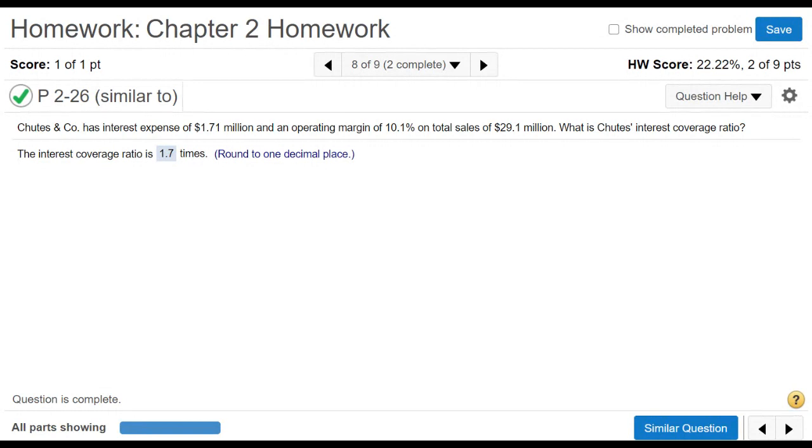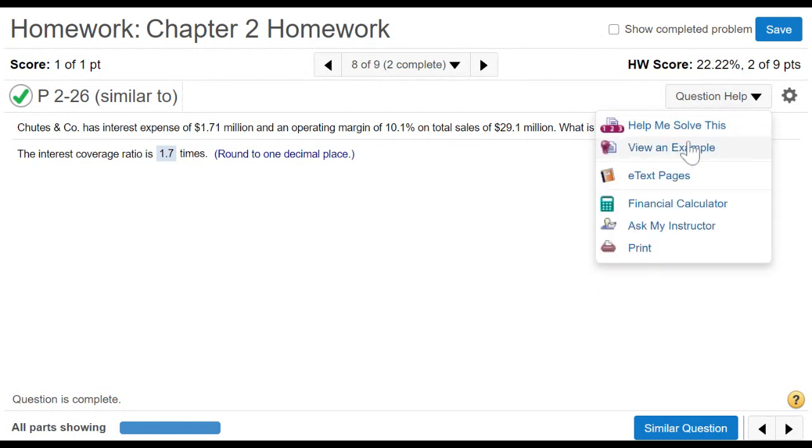Now, when you said 9, I know that can't be, because that's the coverage. This is saying that they're able to pay the interest on their credit cards, that they can pay interest on outstanding loans. The operating margin is 10.1 and the sales is 29 and the interest is 1.71. So they can pay it, the interest coverage. The formula looks something like this.